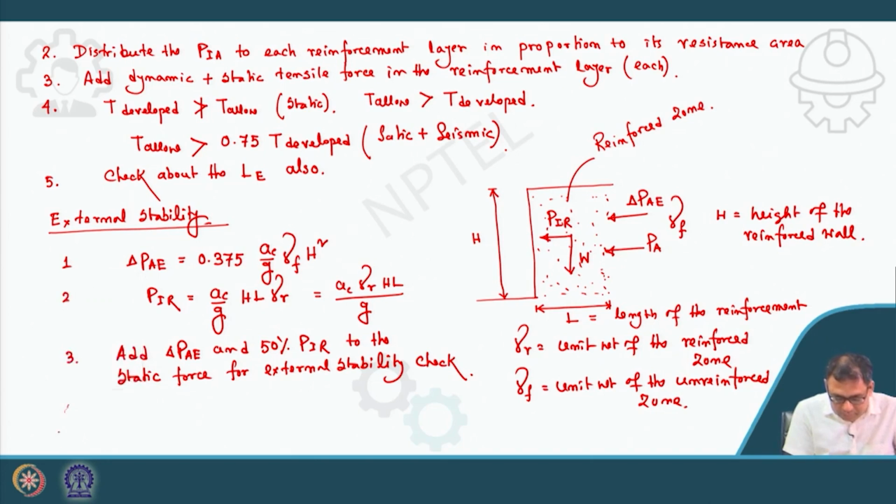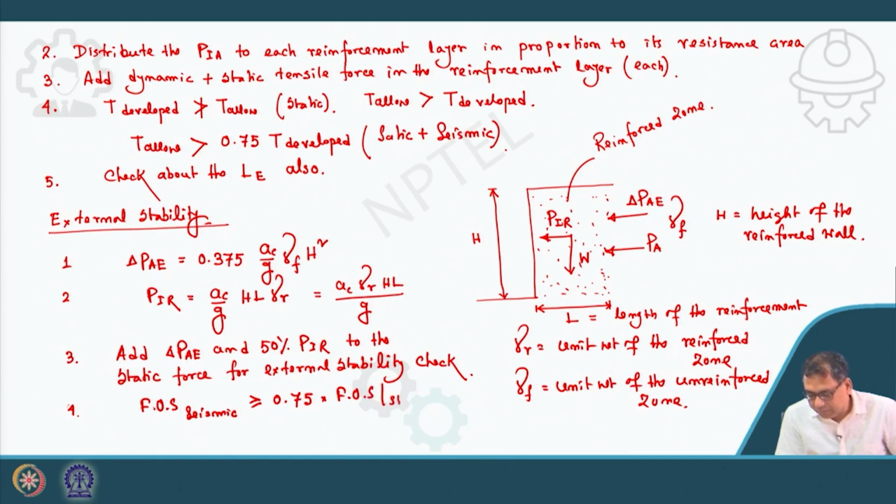And fourth one, again you know that the factor of safety for seismic can be taken greater than or equal to 0.7 times the factor of safety of static. If you take 0.7 times, for sliding, if your factor of safety for static is 1.5, seismic will be 1.15.